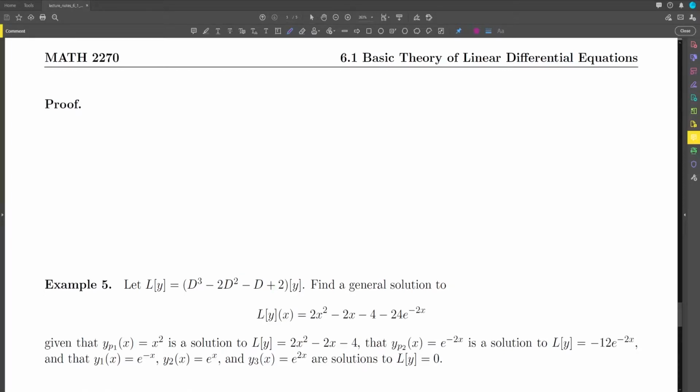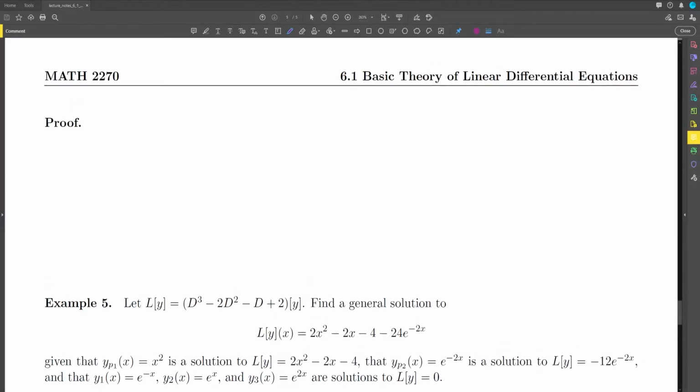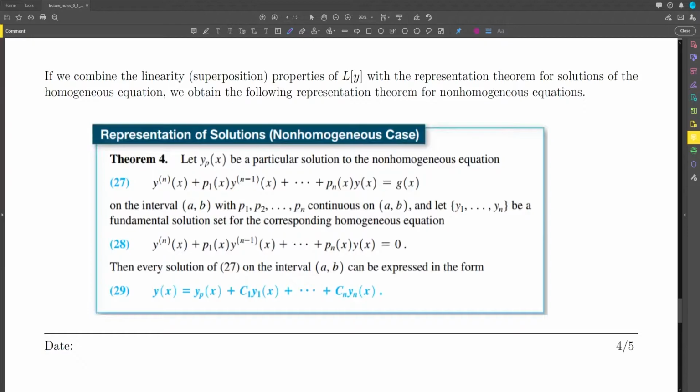In this video, we'll start with a proof of Theorem 4 that we briefly discussed in the previous video. So Theorem 4 is right here.